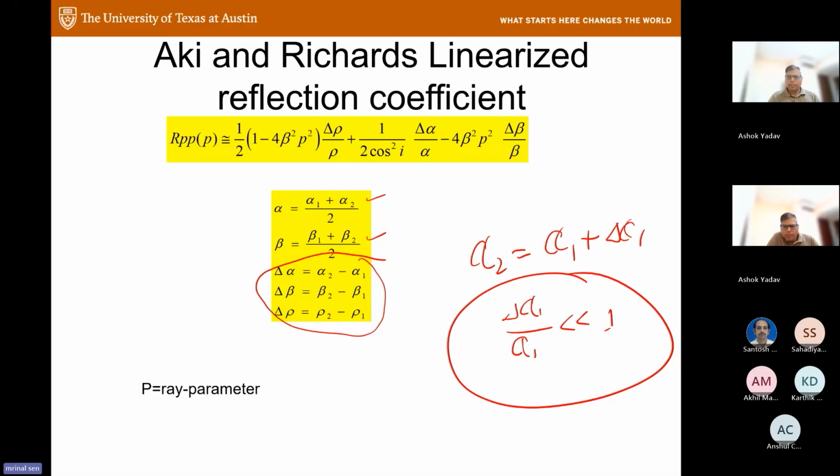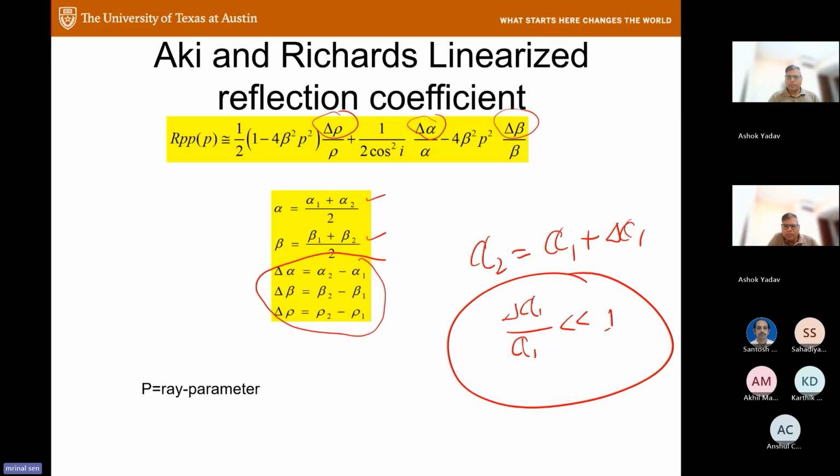Now, this equation is actually quite interesting. And the reason it's interesting is that now you can see how changing the velocities and densities can affect the reflection coefficients, right? If I change P wave velocity by say 2%, how much is the amplitude change as a function of P?